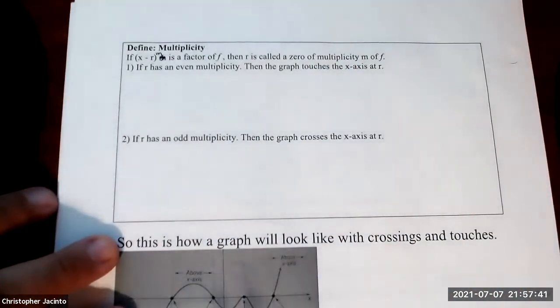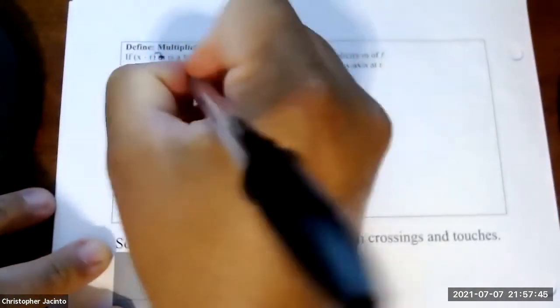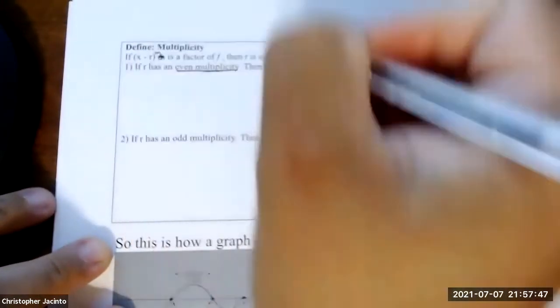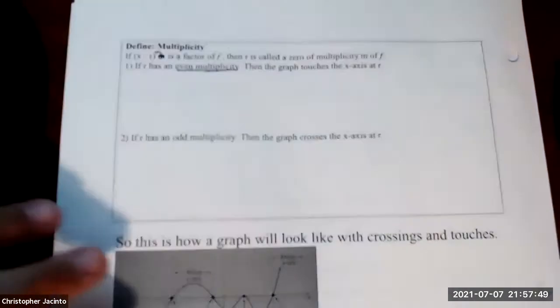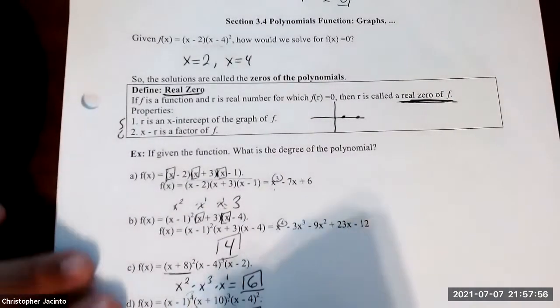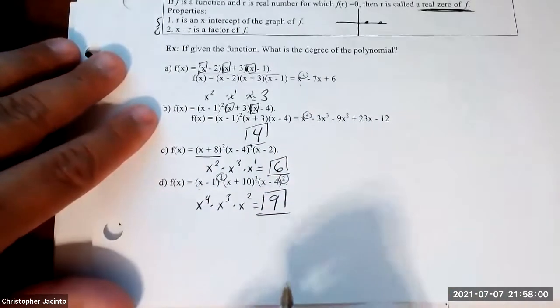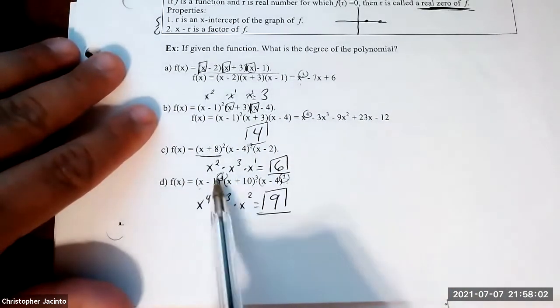Now, why is this important? It's important because if m is an even number, any even number possible, like 2, 4, 6, 8, and so forth, if the power is even. So if I go back over here, for example, if I look at D, 4 is even, 2 is even. That's what I mean by the multiplicity, the powers themselves.